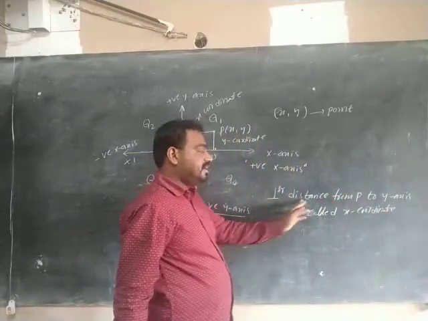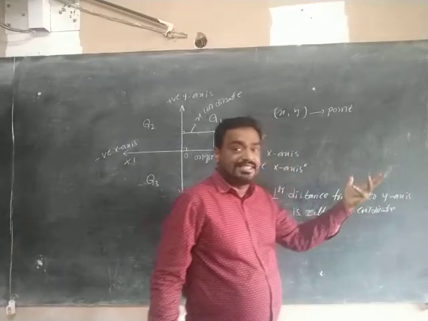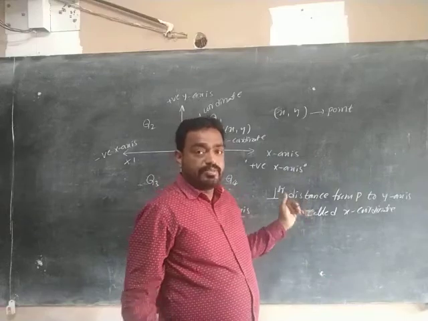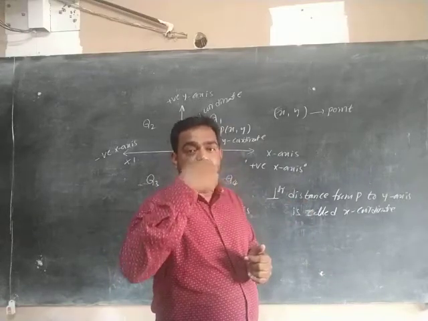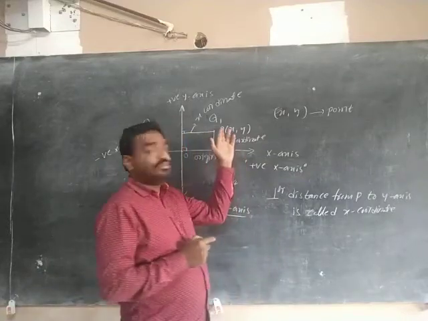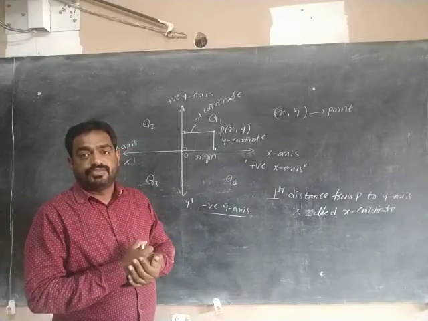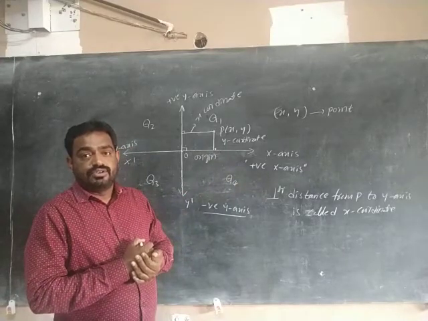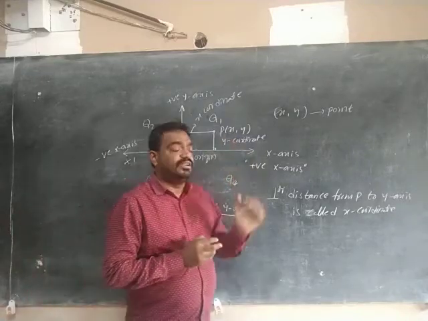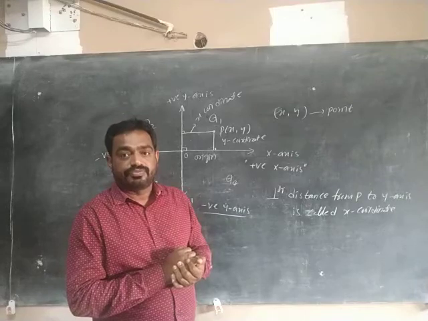Similarly, the perpendicular distance from P to the x axis is called the y coordinate. You see the difference? Remember the definition. So this is the definition of the x coordinate and y coordinate.